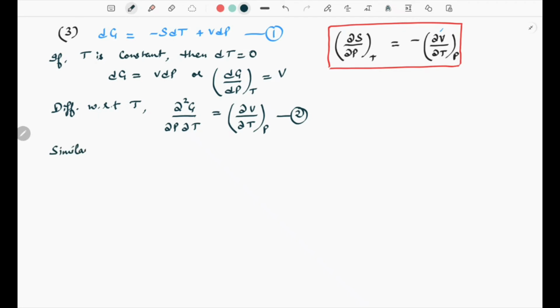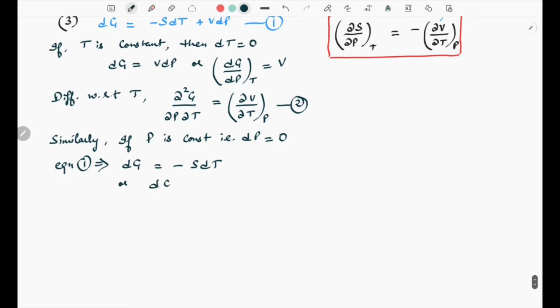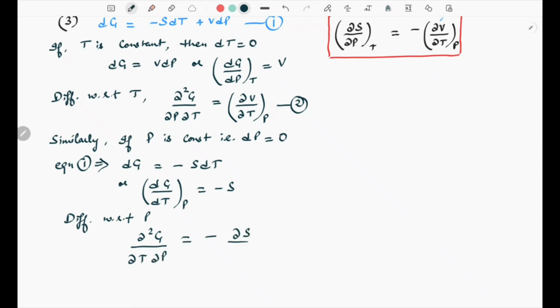Similarly, if pressure is constant, that is dP is equal to 0, then what we get from equation 1 is dG is equal to minus of SdT or dG by dT at constant pressure is equal to minus S. Now differentiating with respect to pressure, the above equation can be reduced to ∂²G into ∂T ∂P becomes minus ∂S by ∂P.